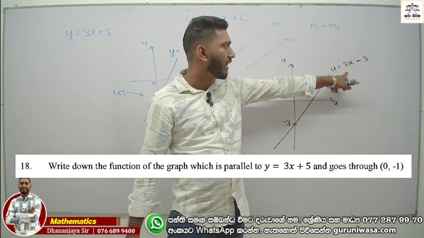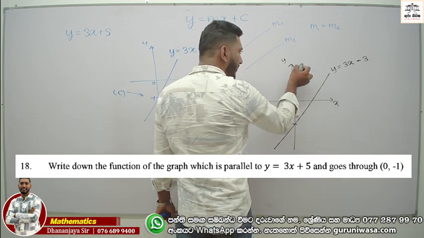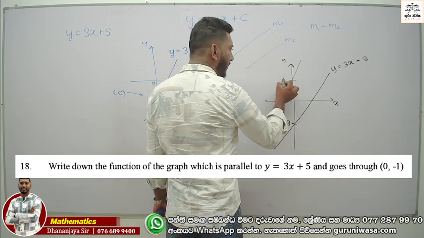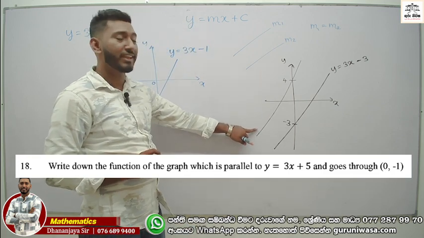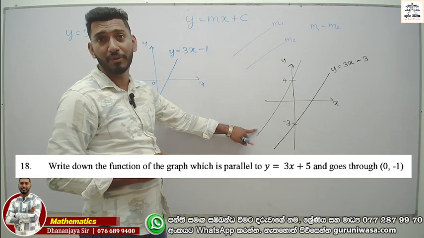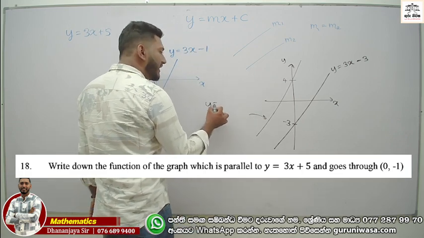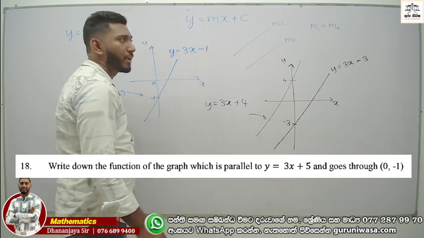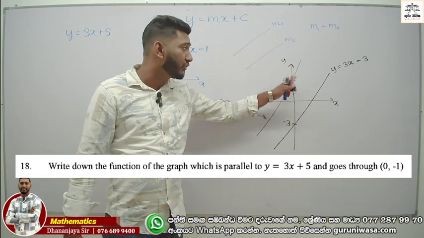Therefore, this one is y equals 3x minus 3. Now I am going to draw a graph parallel to this one, and this one intersects at plus 4. What is the equation of this graph? This one should be y equals 3x plus 4.